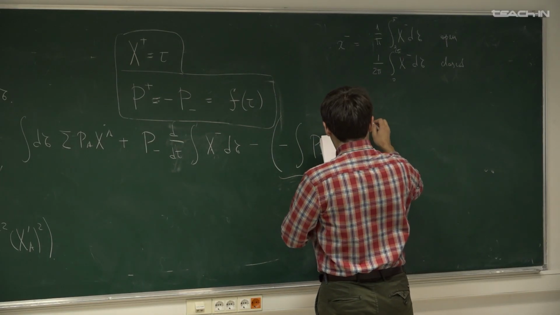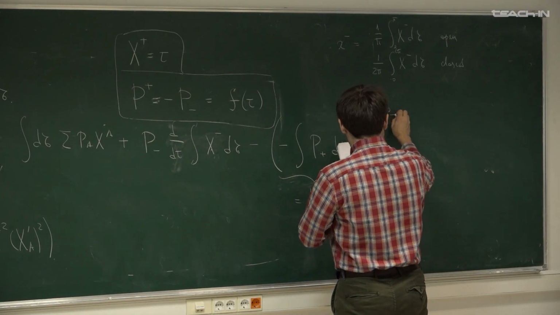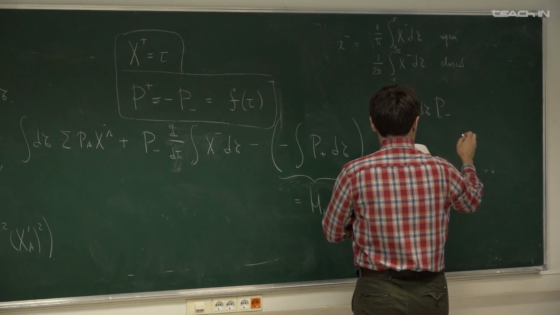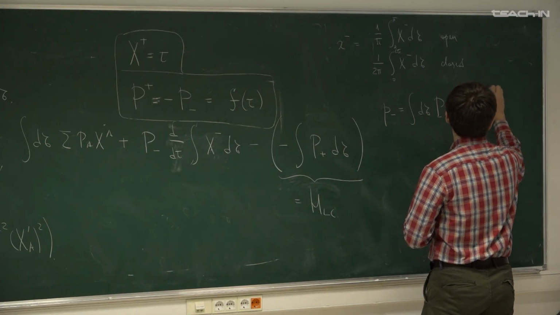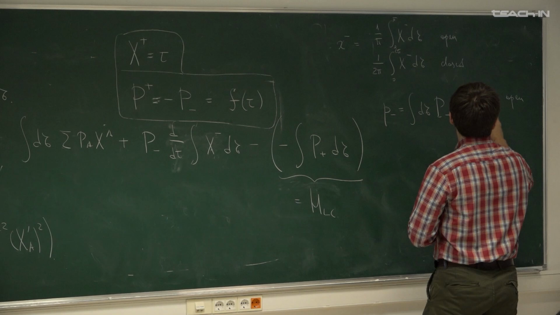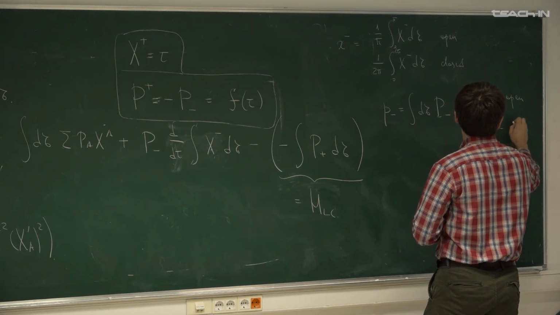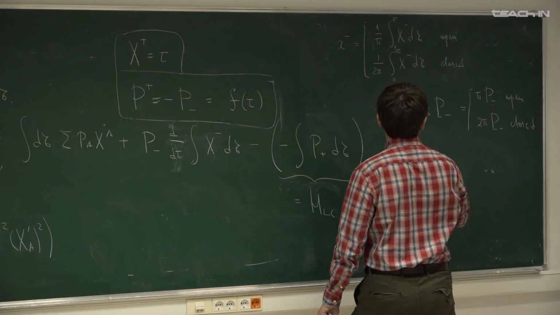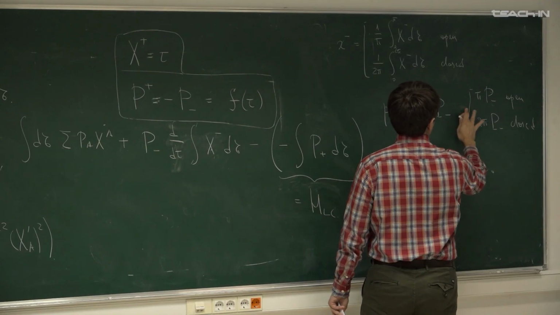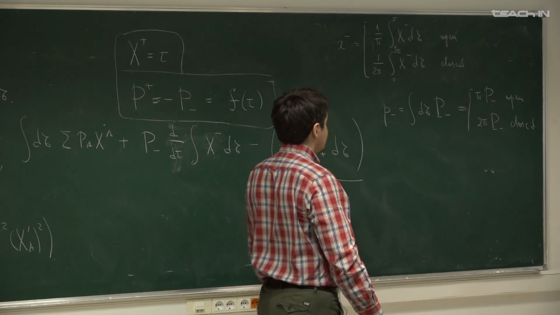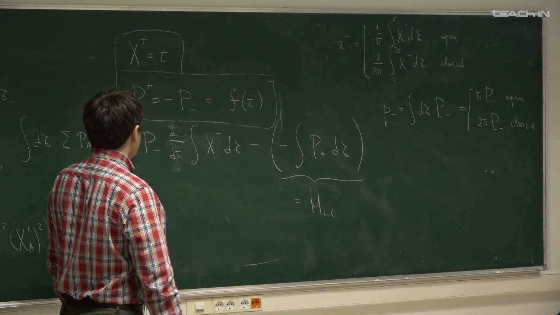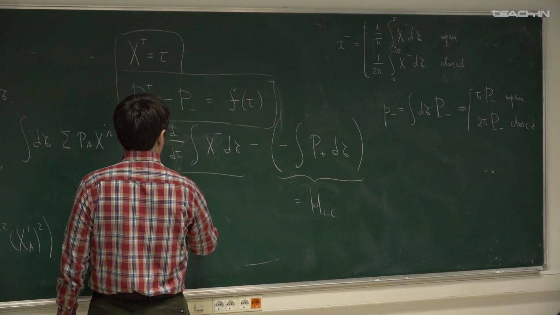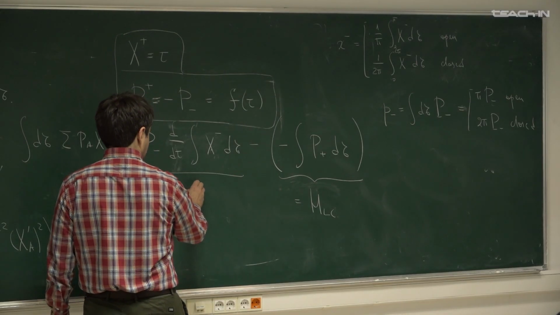And capital P minus is always the integral d sigma of p minus. So this is pi times p minus in the open case, and 2 pi times p minus in the closed case. I'm just saying that there are some factors of 2 in closed versus open case. So for example, this guy is p minus x minus dot in both cases, right?